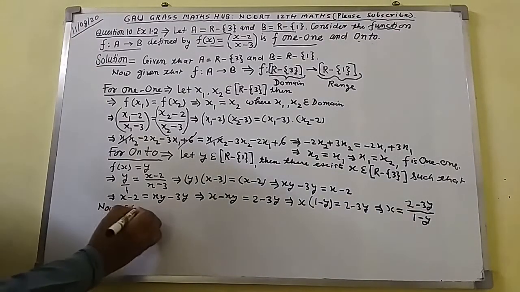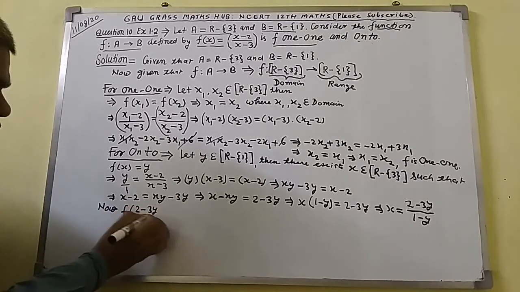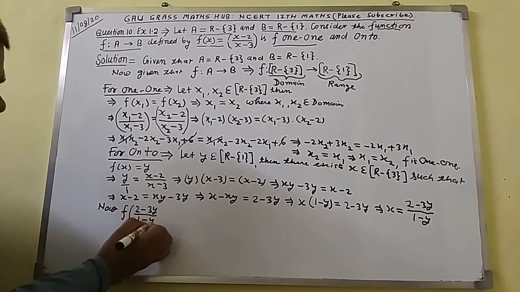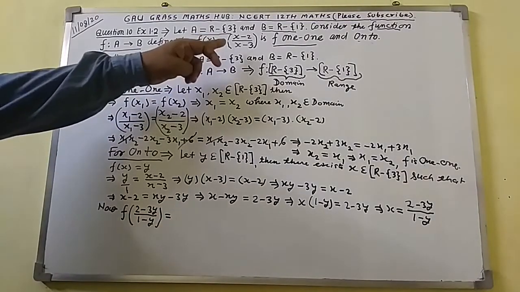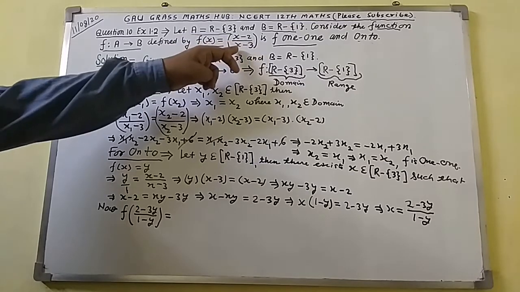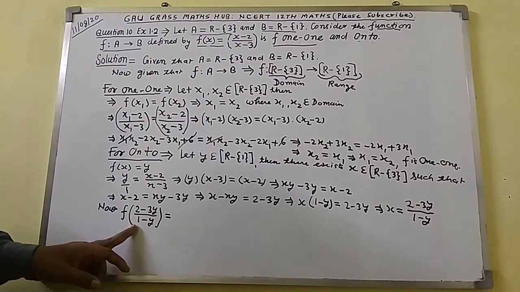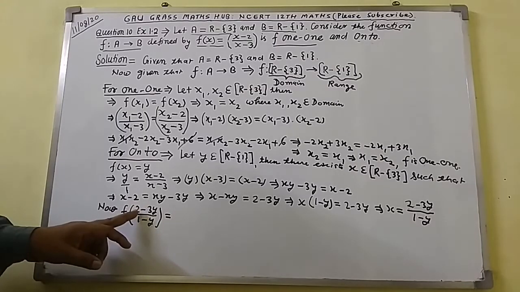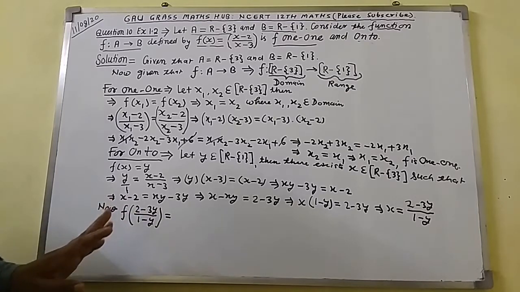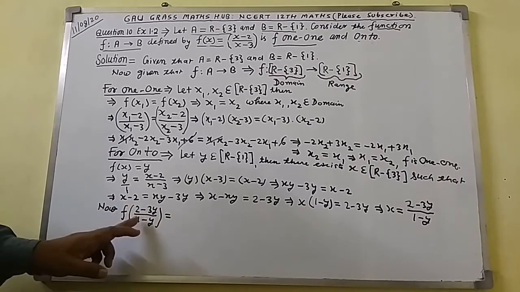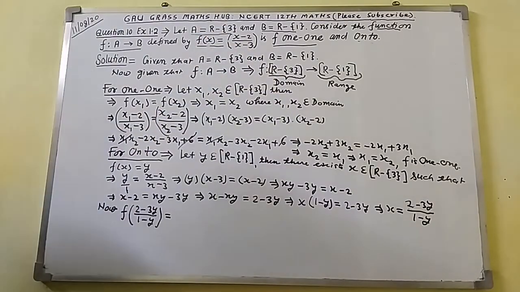So here I shall write (2 minus 3y) over (1 minus y) equal to, here you can see f(x) equal to (x minus 2) over (x minus 3). So here the value of x I have got, (2 minus 3y) over (1 minus y). The value of x will be put at this place and this place.